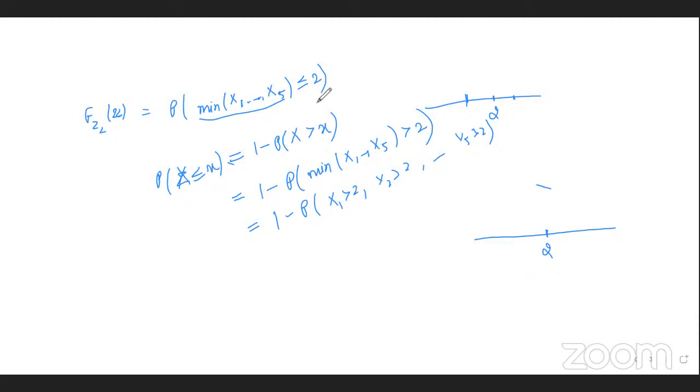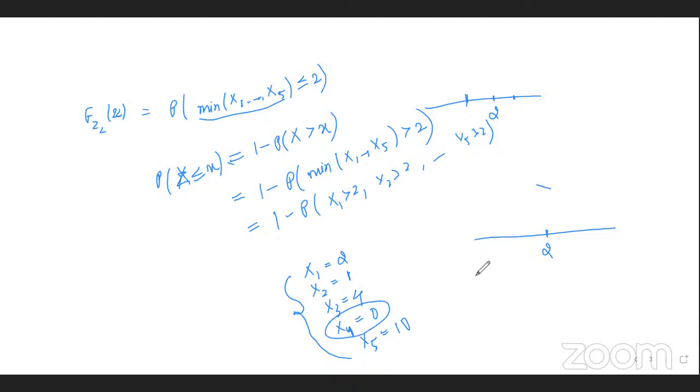Let's say X1 is taking the value 2, X2 is taking the value 1, X3 is taking the value 4, X4 is taking the value 0, and X5 is taking the value 10. So what is the minimum of all these? 0. This is X4, X4 is equal to 0.